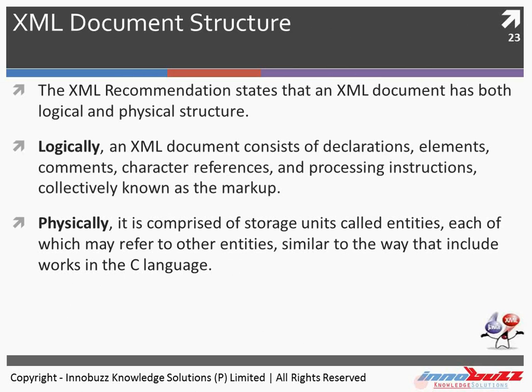Physically, it is comprised of storage units called entities, each of which may refer to other entities, similar to the way that include works in the C language. The same way, it is comprised of storage units called entities, which can in turn refer to other entities.